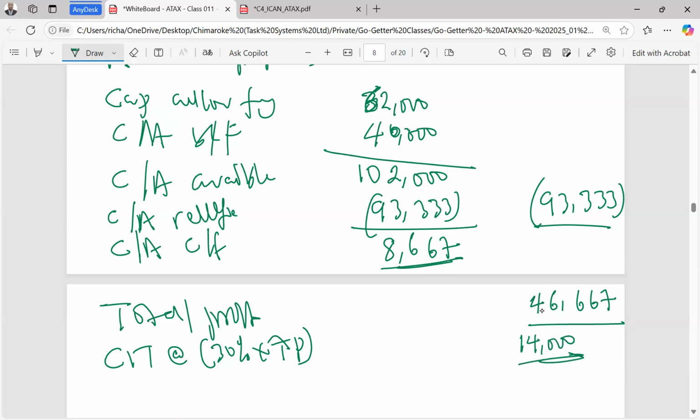14,000. Then your tertiary education tax is going to give you 2% of accessible profit one.